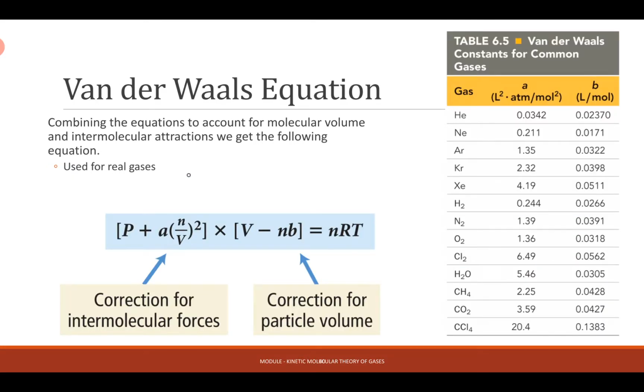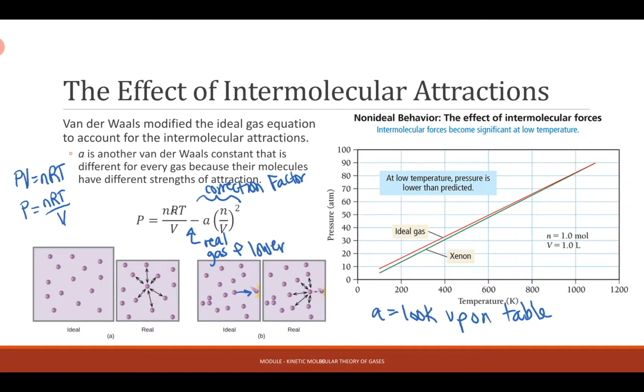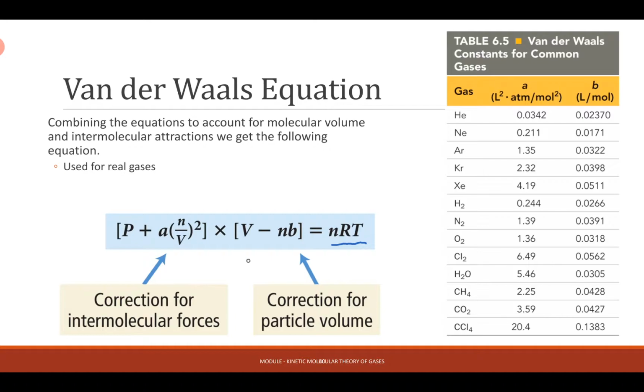So now that we know our pressure of a real gas and we know our volume of a real gas, we're going to use those two equations on the previous slide and set them both equal to nRT. And so that means that we are rearranging those previous equations so that we are setting them equal to nRT. You can see here that we have nRT, so that means we're going to have to add this term to both sides and then multiply by V to bring it over.